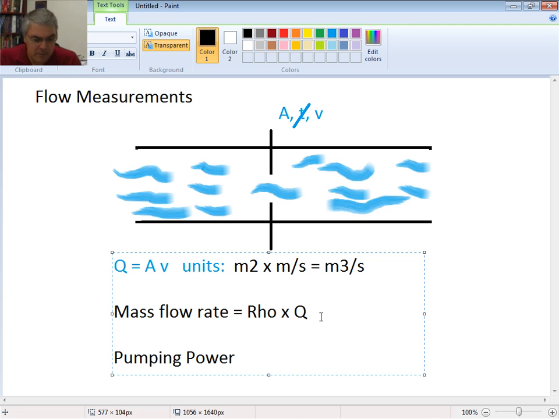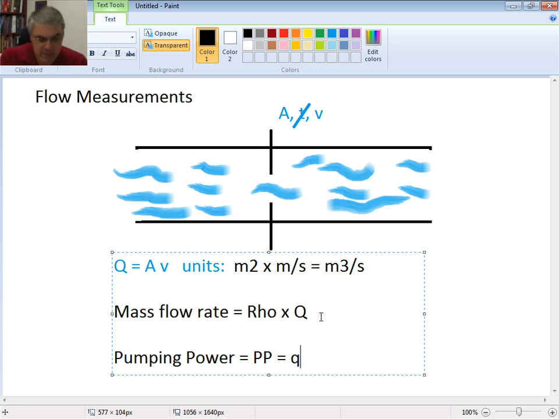Or nothing but P. And it's actually capital P, which is nothing but Q that we just calculated.